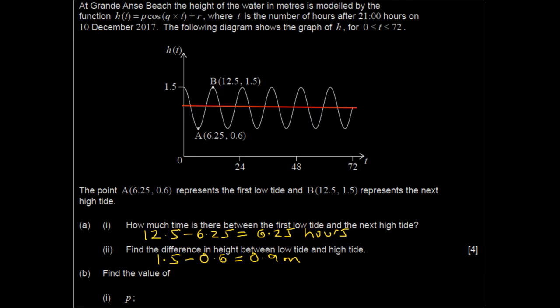So the amplitude is this here, and that is going to equal p. So all I need to do is take halfway of the difference between these two. The difference here was 0.9, so p is going to be half of that, which is 0.45.